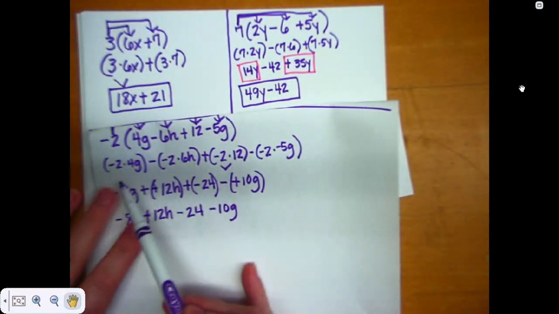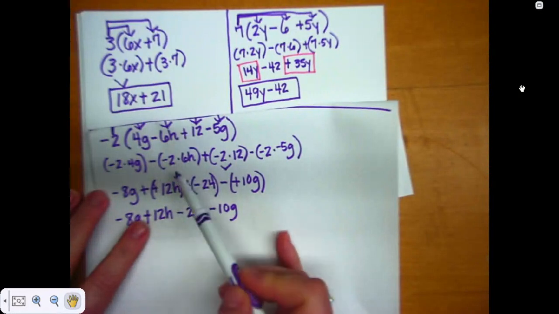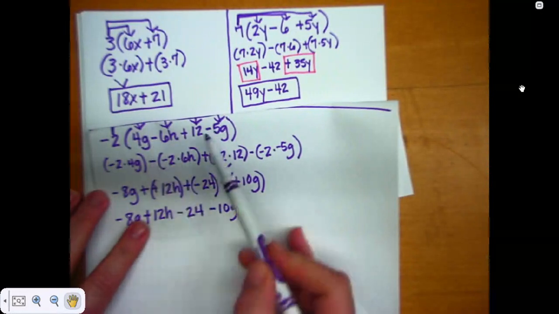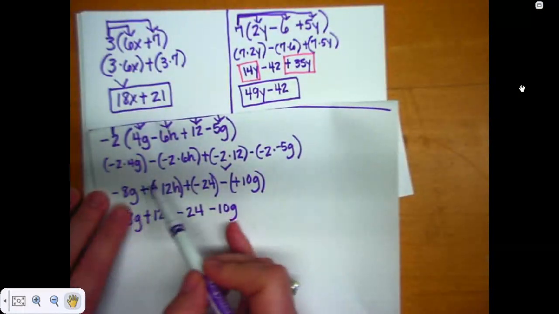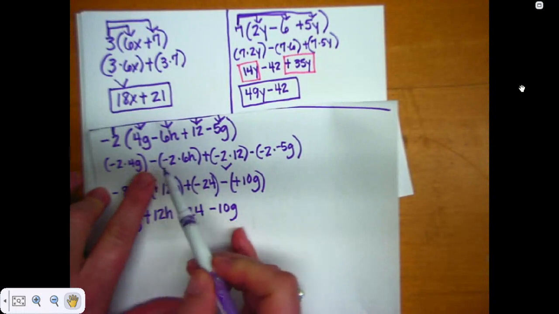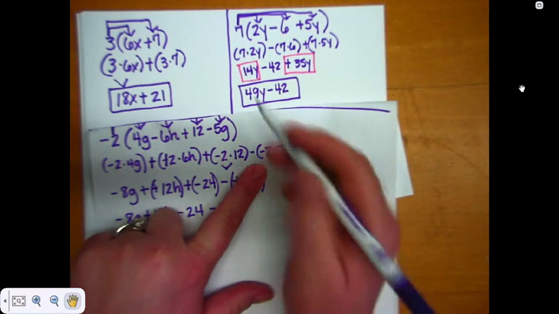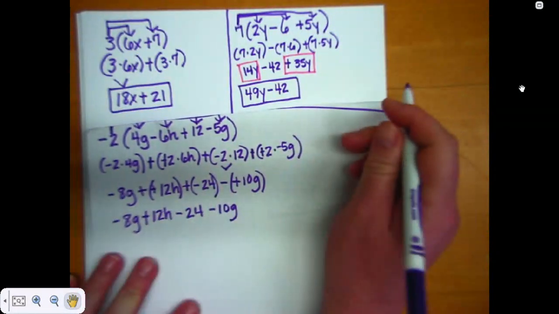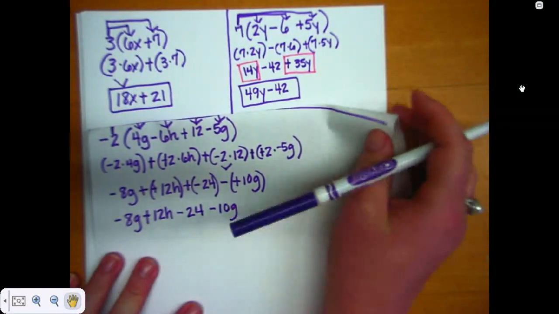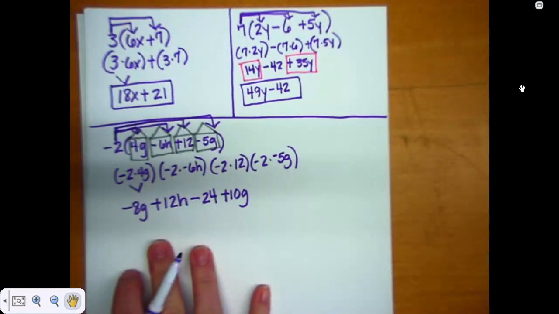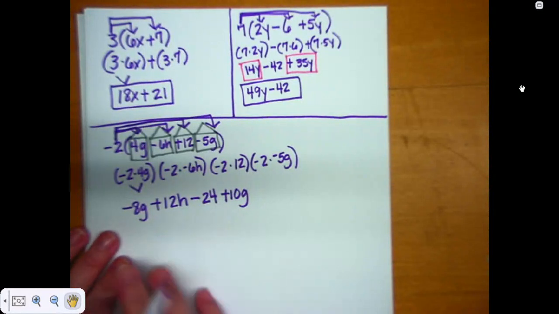See how this looked when I brought down my signs? See, that was the negative brought down and the positive. Well, then I had all these, and they would have turned into positives. So to me, I felt like I needed to show you this instead of bringing those signs down. And we can do the other ones like that also.